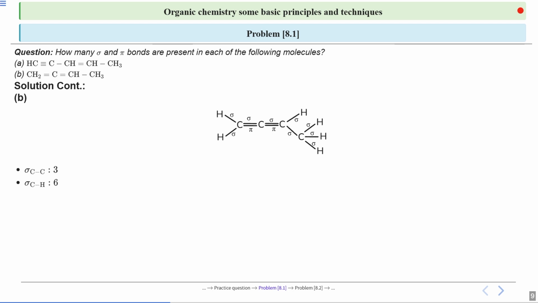Count the number of hydrogens: 3 plus 2, plus 1, 6 hydrogens. So 6 sigma bonds come from the CH. Moving on to the pi bonds, we have only 2 double bonds, and each contributes 1 pi bond. Therefore, a total of 2 pi bonds are present here.